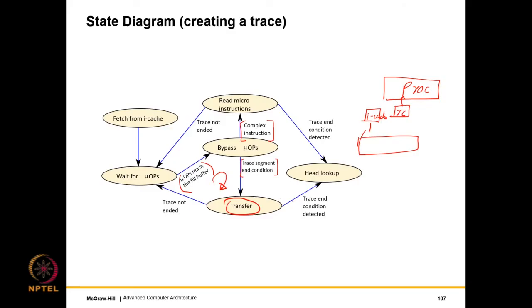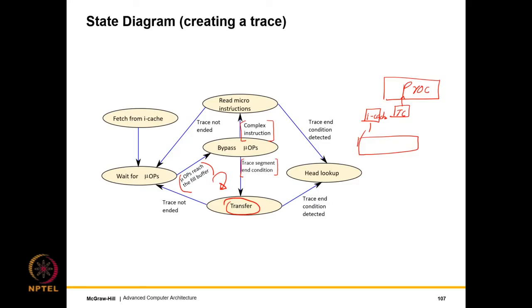There are again two exceptional conditions possible in the transfer and read micro instructions states. In the transfer state, it could be that we detect the condition for a trace end. If that is the case, that is fine. Then we terminate the trace and again we search for a new head, and we always try to read existing traces if they are there, or we transition to the trace creation condition, which was shown on the previous slide.